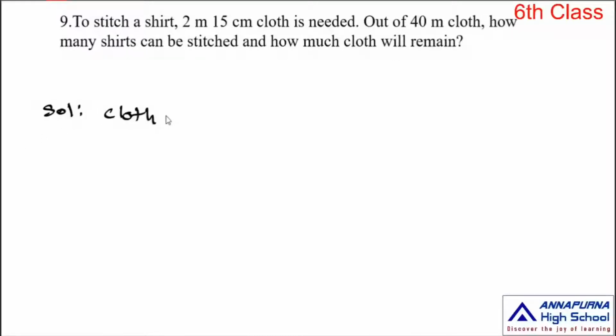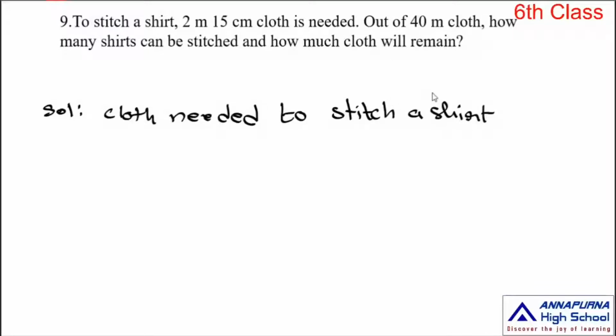Cloth needed to stitch a shirt. How much cloth is needed to stitch a shirt? Here it is given 2 meters and 15 centimeters.